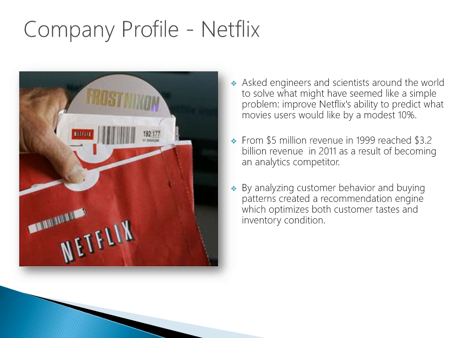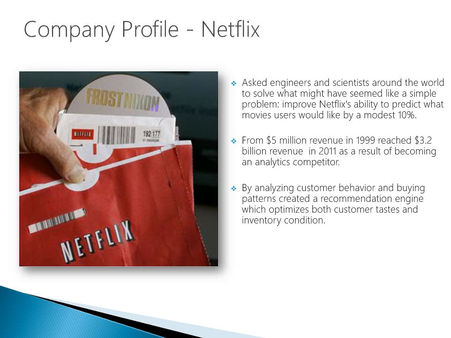They were able to take their business from $5 million of revenue in 1999, and it reached $3.2 billion revenue in 2011 as a result of becoming an analytics competitor. The thought of increasing their predictive capabilities became a very strong source of competitive advantage.